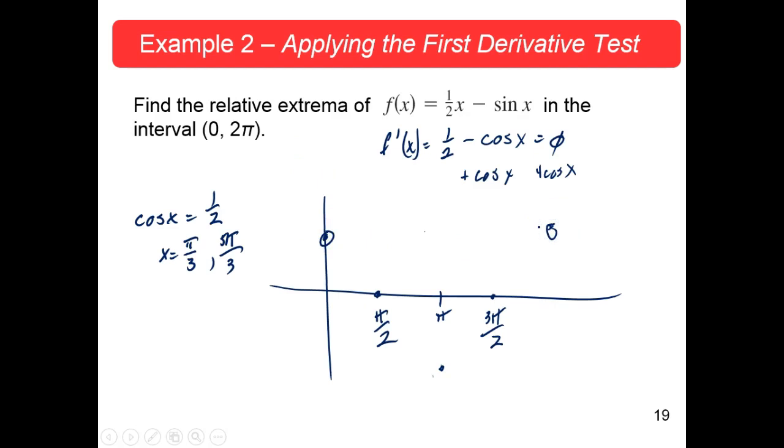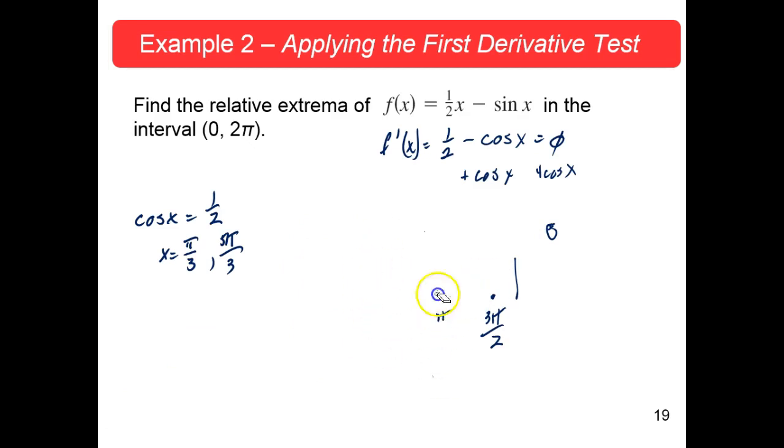Those are parentheses there, so it's not included. Why did I draw cosine? I'm not sure. I'm just showing you, this is where there's your 1/3 pi and there's your 5/3 pi right here. That had nothing to do with this. Sorry about that. I was drawing the wrong one, so let me erase that one too. I was stuck in the wrong thinking there. But it's another way to look at it.